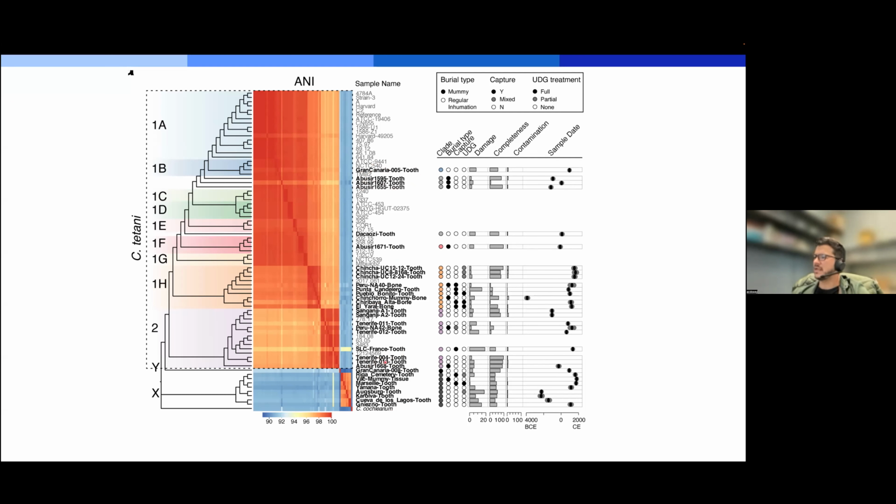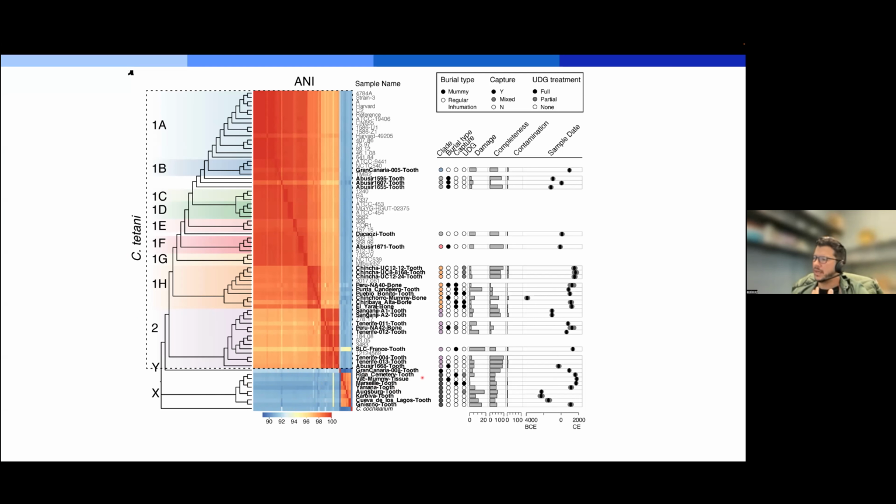We also find several new genomes that cluster outside of the entire C. tetani tree, and we've labeled those genomes, or that clade, clade X. Okay, this is a new clade, and you can see based on average nucleotide identity in this heat map here that these genomes are quite distinct from those in the C. tetani clade, and they are at a level of genome identity that's below the same species level.